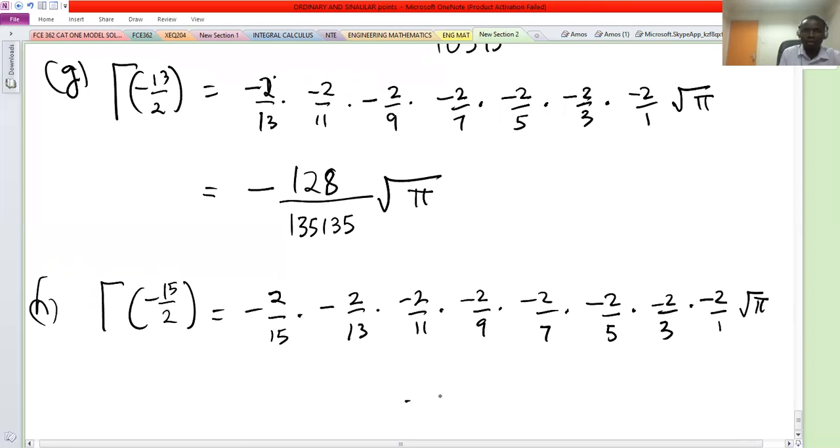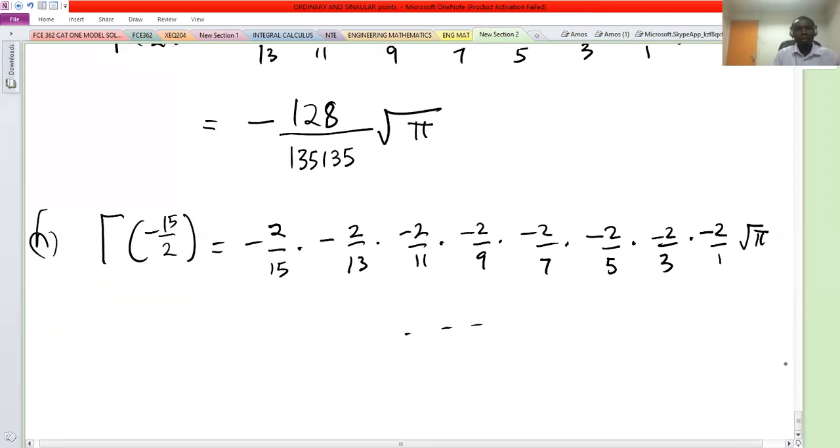And then you get the answer. So that is how we obtain the values of gamma for negative arguments, the multiples of a half. So thank you.